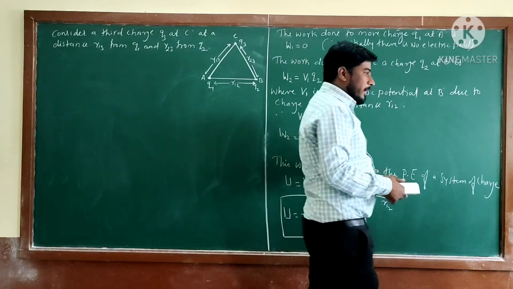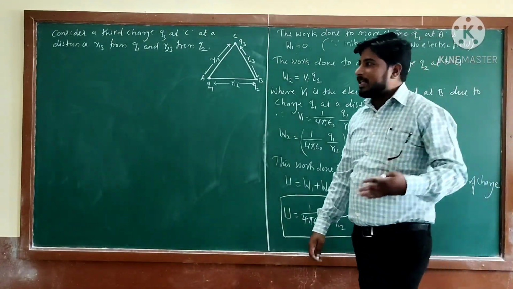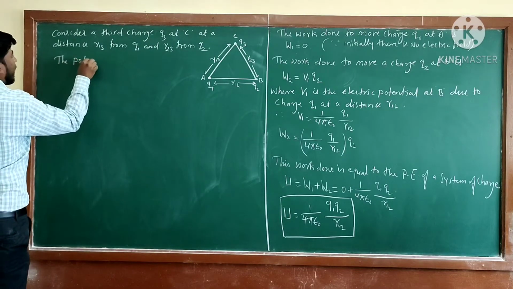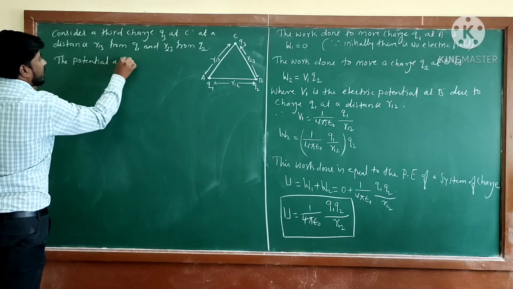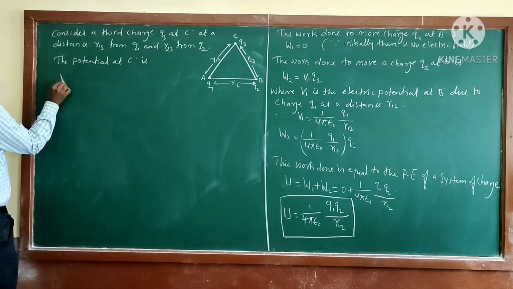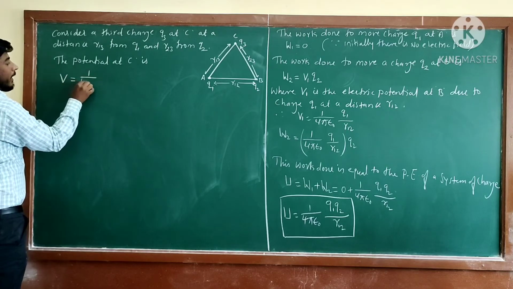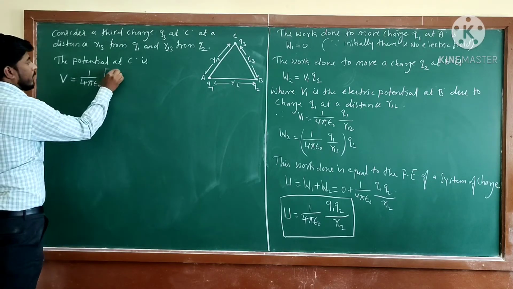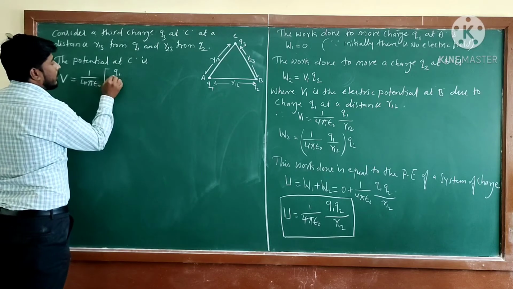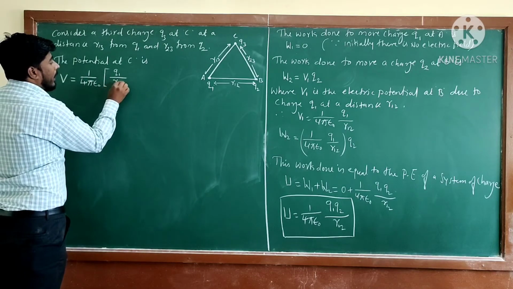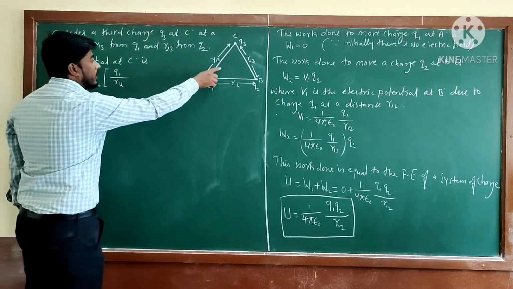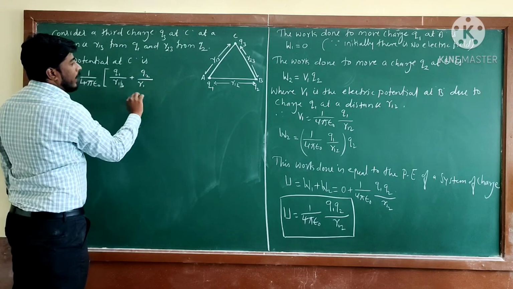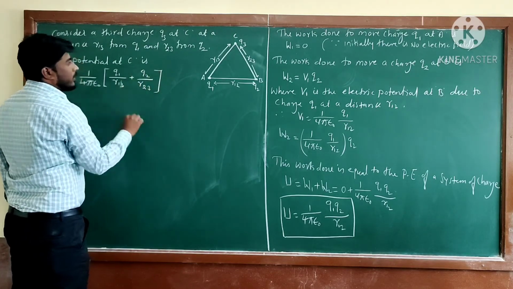Now, when I bring this charge, the potential at C is V equal to 1 divided by 4 pi epsilon naught, Q1 divided by R13 plus Q2 divided by R23.